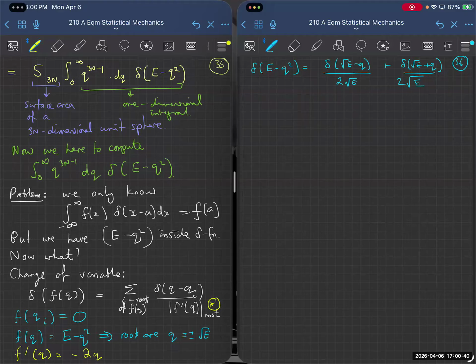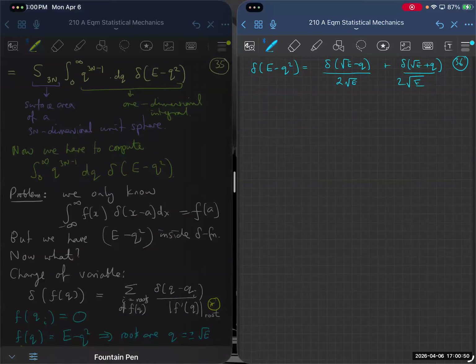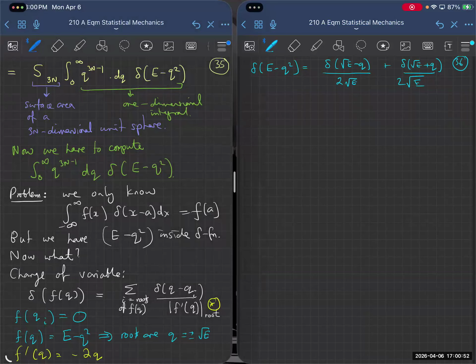So that's the formula that I get. So now I have to do the integral. The only thing about the integral is I've got the formula s to the 3n, and then I also have this q to the 3n minus 1 over here. So I'm going to have to evaluate that at the value of the delta function, which is plus or minus the square root of e. So let's now do the integral.